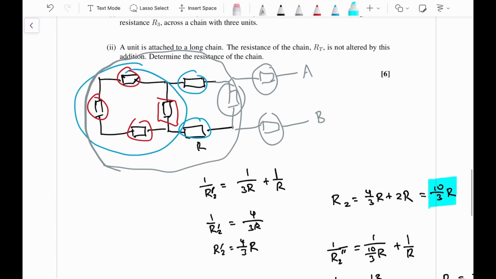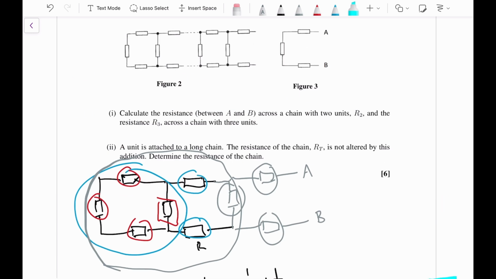Now let's see the second component. So over here it says a unit is attached to a long chain. The resistance of the chain RT is not altered by this addition. And then it wants us to determine the resistance of the chain.